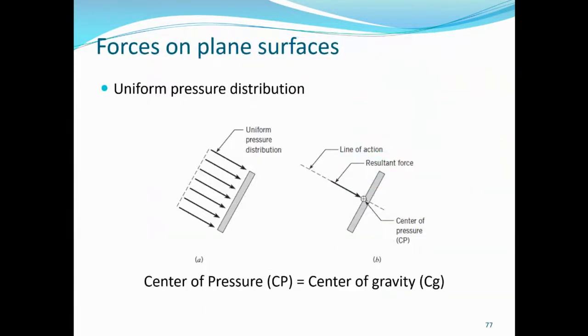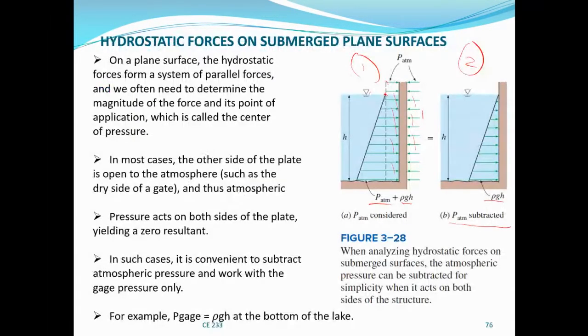And forces on plane surfaces, this is a case we're examining when you have uniform pressure distribution. Let's say like in this case, if you consider this plane surface, the bottom, there is uniform pressure acting. In this case, it's uniform at every point. So this is like the pressure distribution here for the horizontal plate.